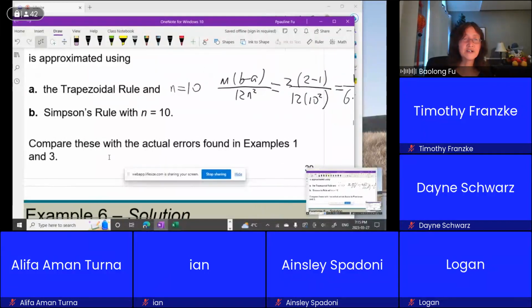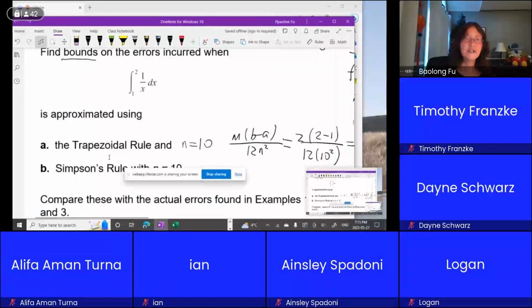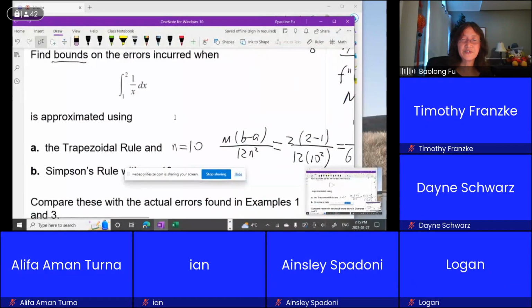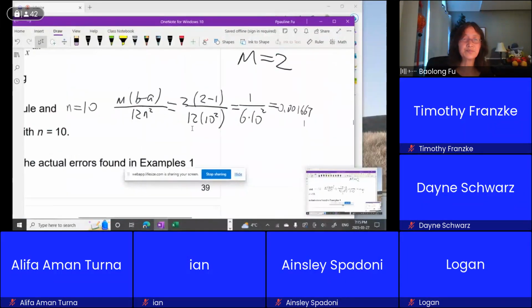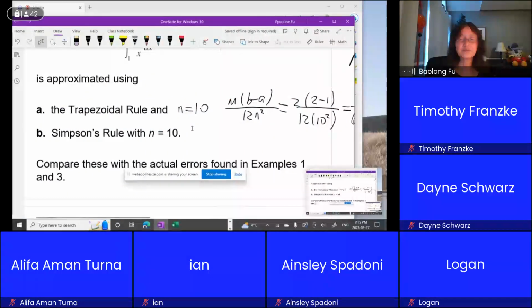So I found the bound on the error. This is my answer. Questions?